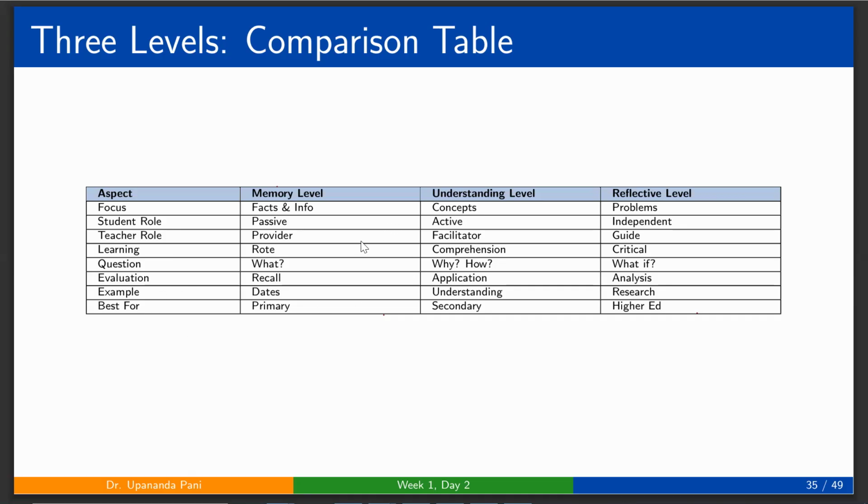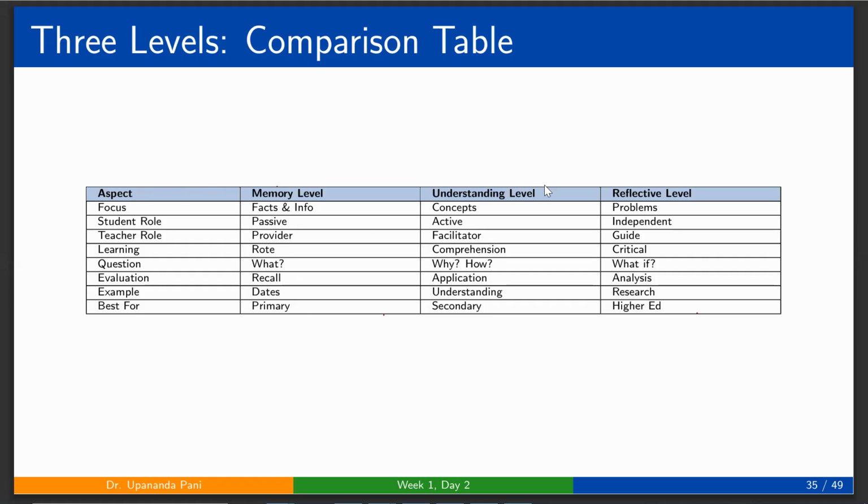Memory level is best for primary education. Focus is facts and information, student role is passive, teacher role is provider, learning is rote learning, the question is what, evaluation is recall, give the dates. So this is suitable for the initial years of education, that is primary education.